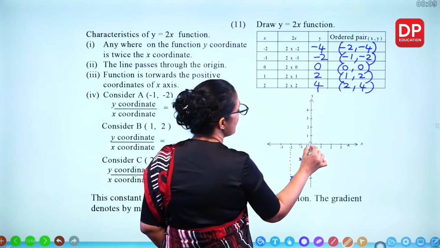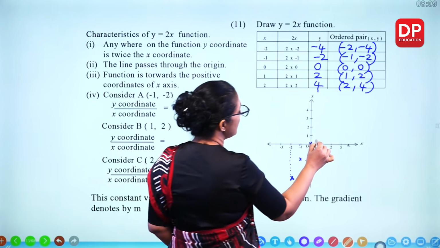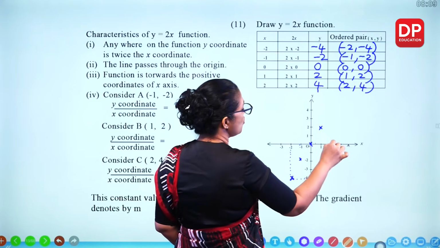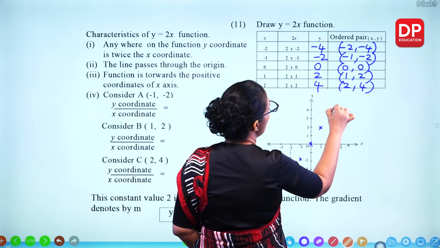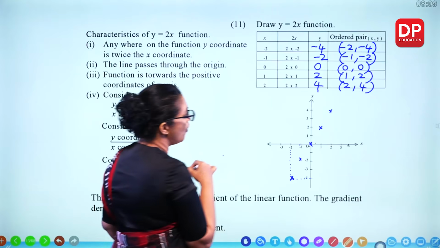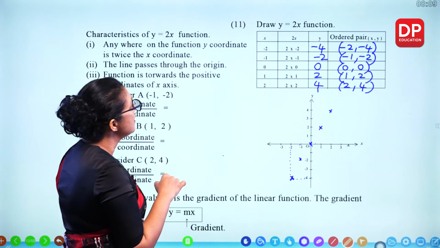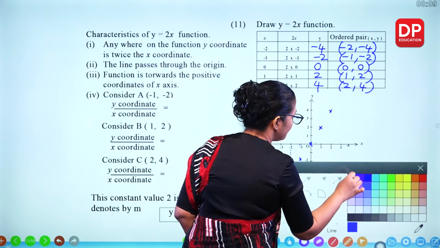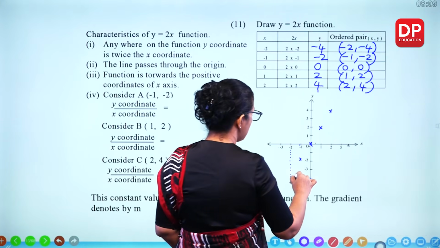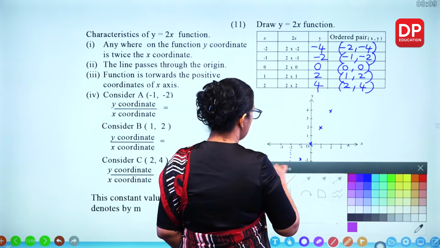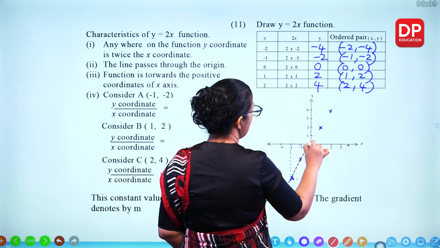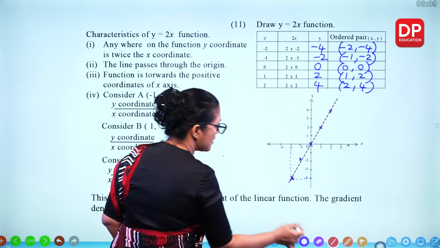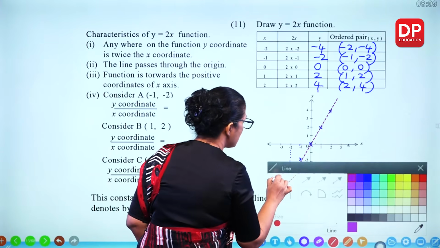And 0, 0. 1 with 2. 2 with 4. And you can connect that with a ruler. Connect all the points. You are getting a line here. A line like this. I'll take a continuous line there.